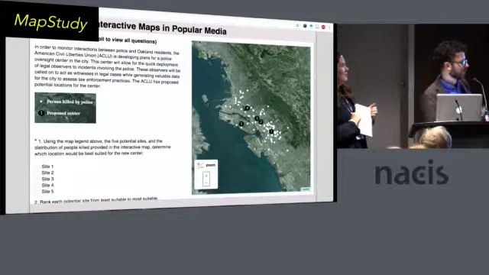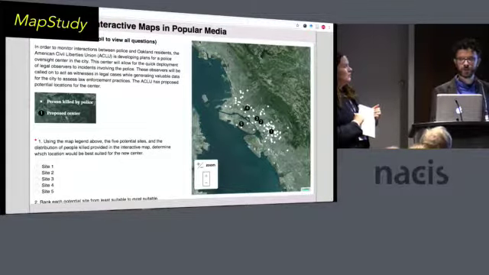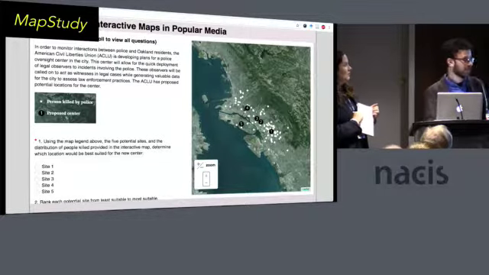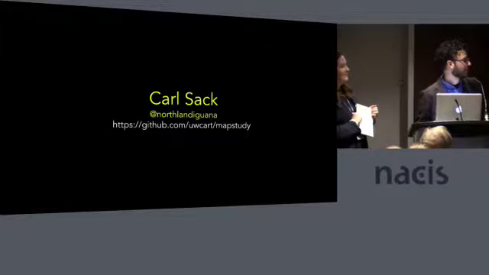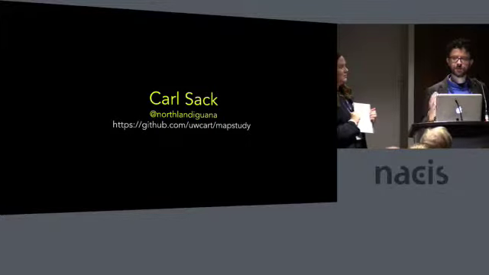We also collected data on what they were clicking on, how they were panning, zooming, doing all these tasks as they went through these various scenarios. And we wanted to give a shout out to Carl Sack. He's put the MapStudy on GitHub, so definitely come talk to us if you're interested in doing a similar sort of study.